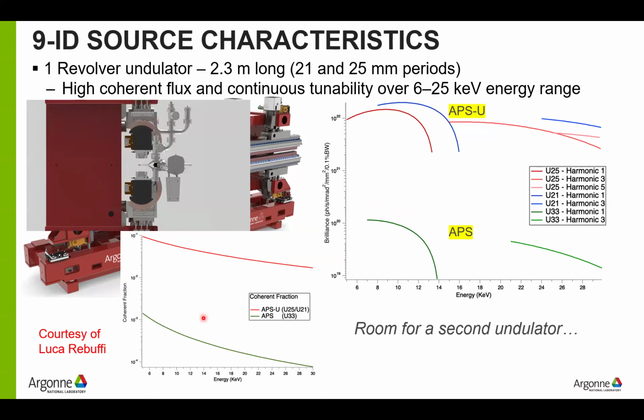And this animation shows you the action of the revolver undulators, so we can swap between the 21 millimeter period and the 25 millimeter period, so that we can cover this full range; 9ID will be operating from 6 to 25 keV.